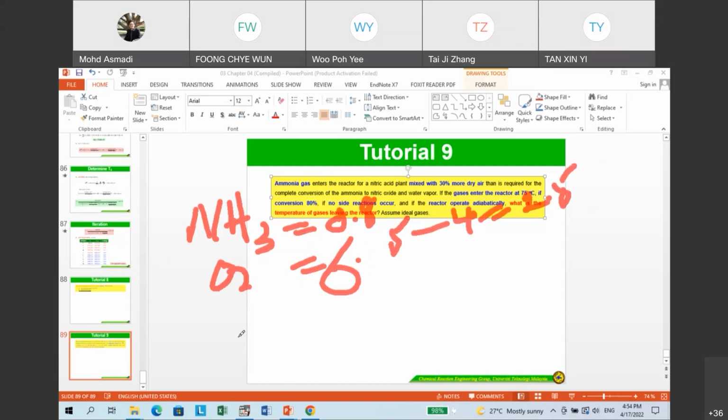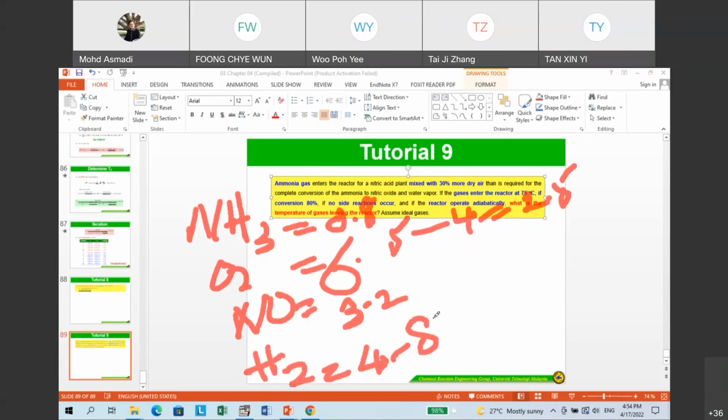NO is equal to 3.2. H2O is 4.8. Nitrogen is the same, no reaction.